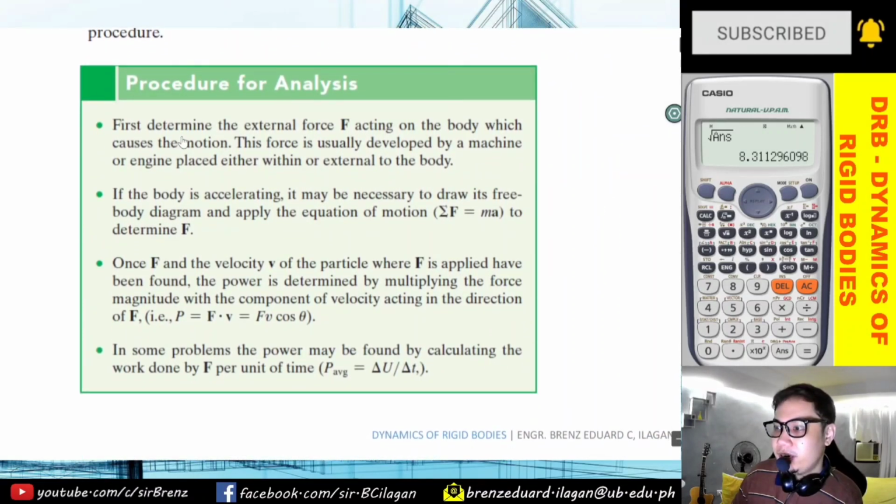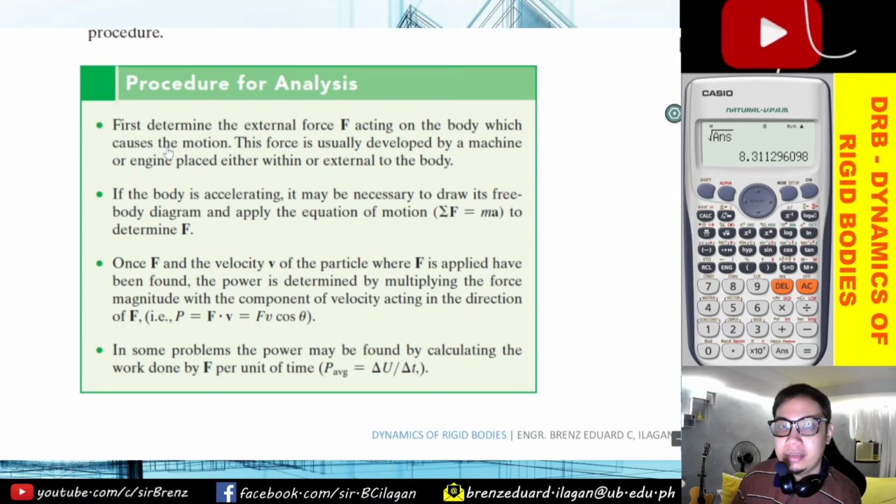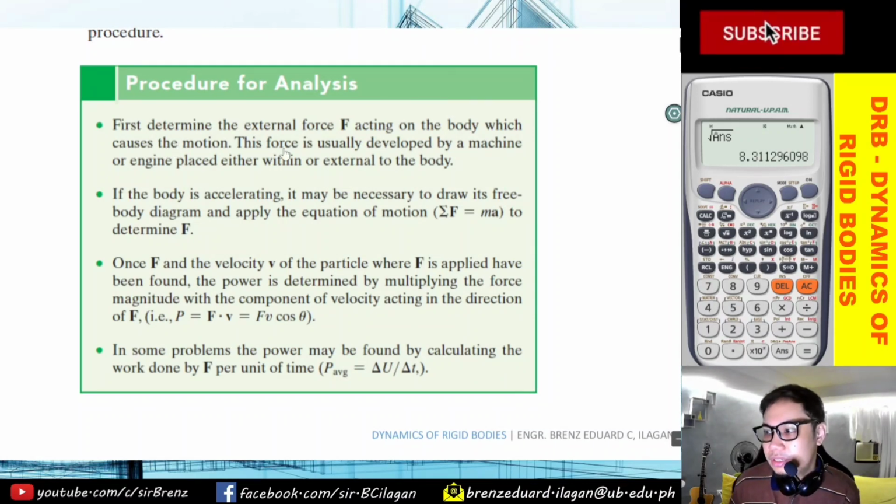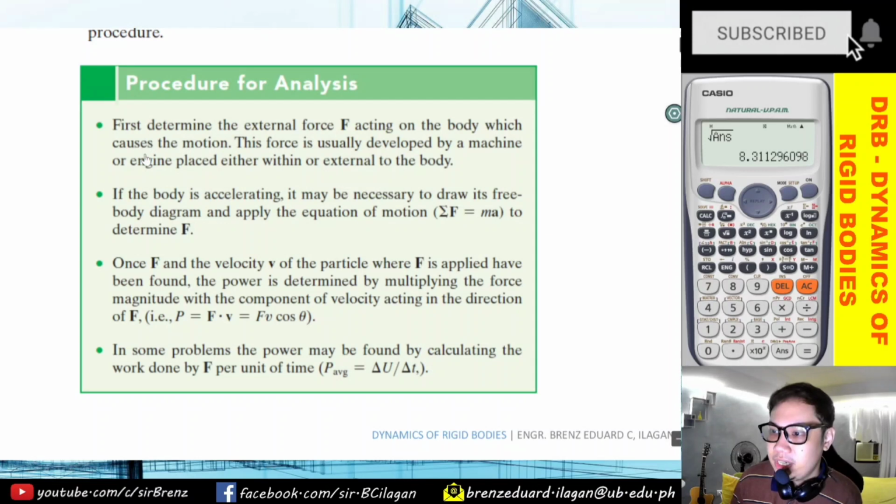So first, determine the external force F acting on a body which causes the motion. This force is usually developed by a machine or engine placed either within or external to the body.